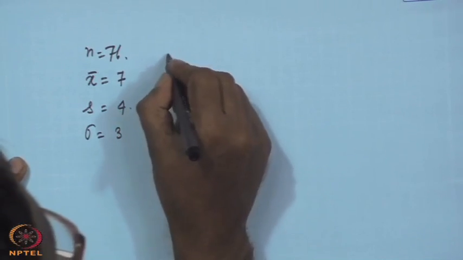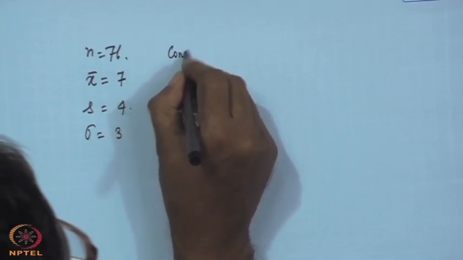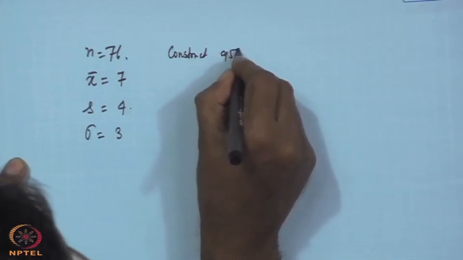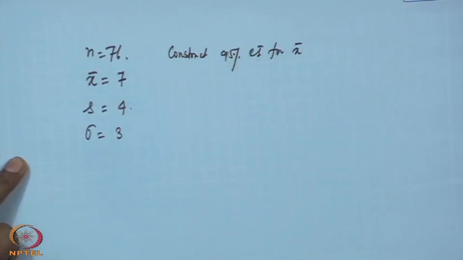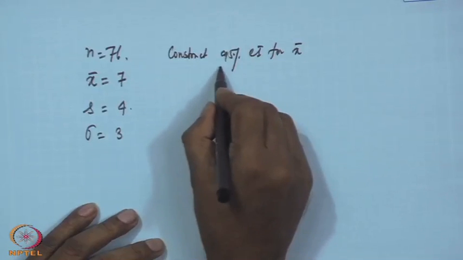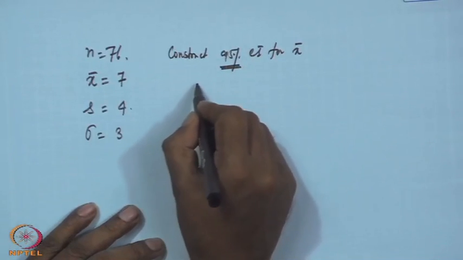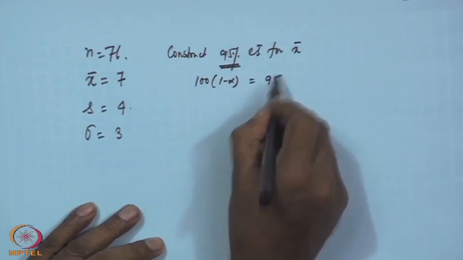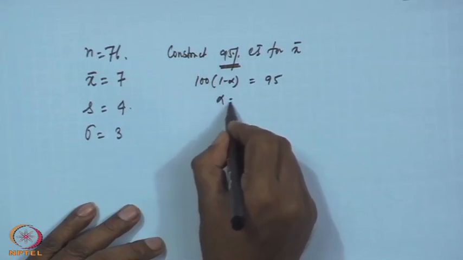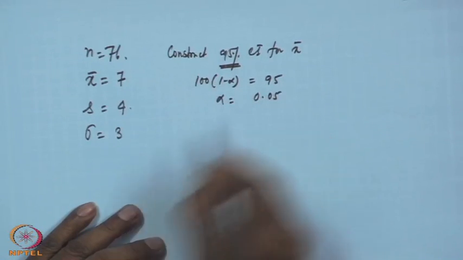Your work is to construct the 95% CI. Now, see, when I say 95%, that means 100 into 1 minus alpha equal to 95. So, you are getting alpha equal to 0.05.